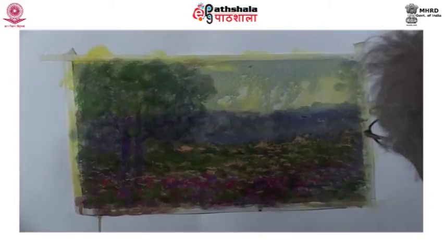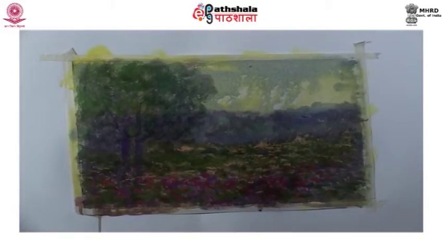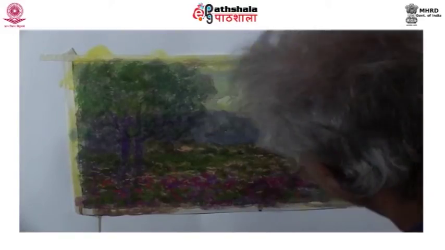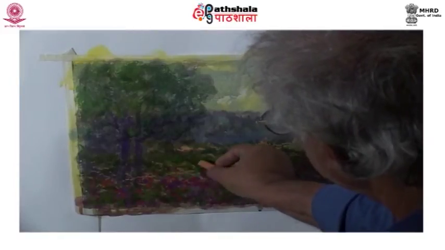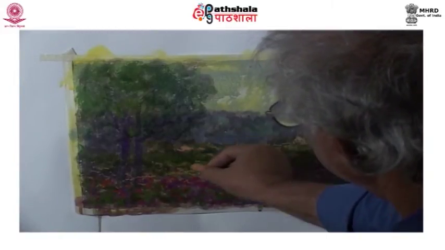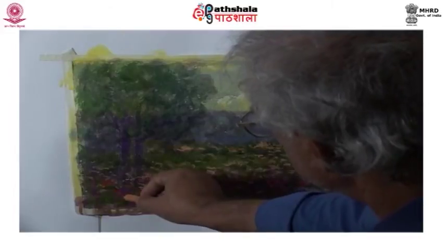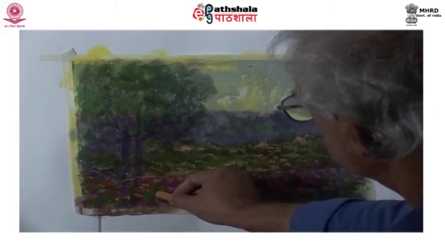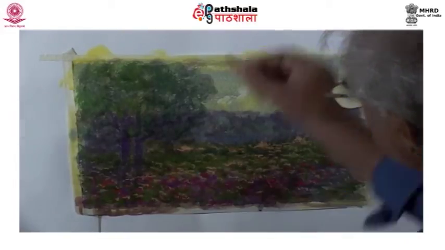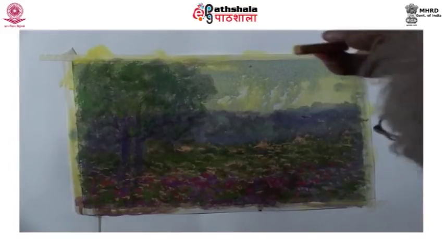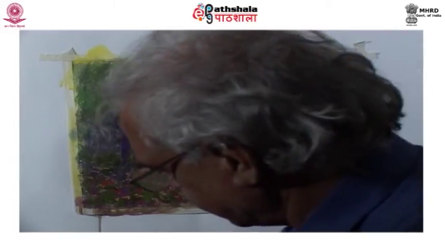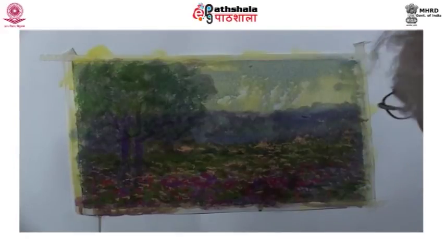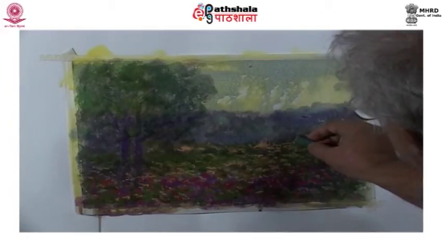Observe the painting from a distance and see which areas need to be submerged or highlighted. One can increase as well as reduce the intensity of colors even at a final stage.